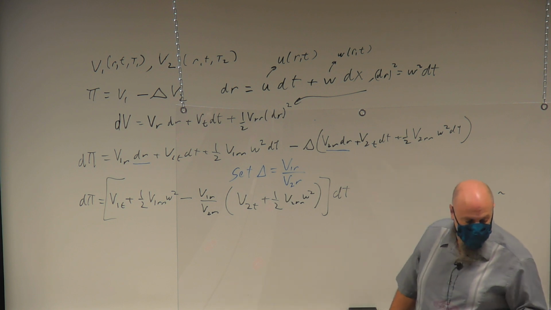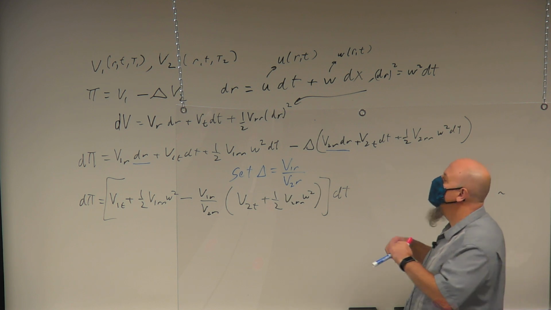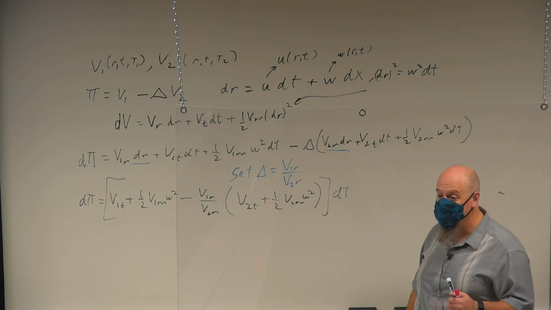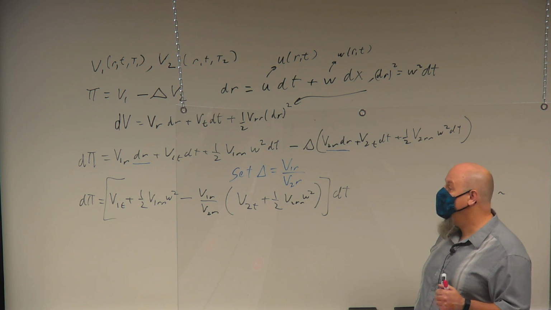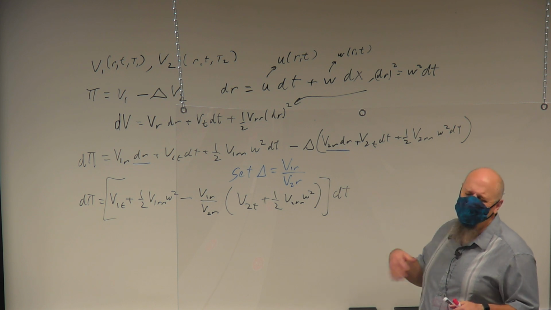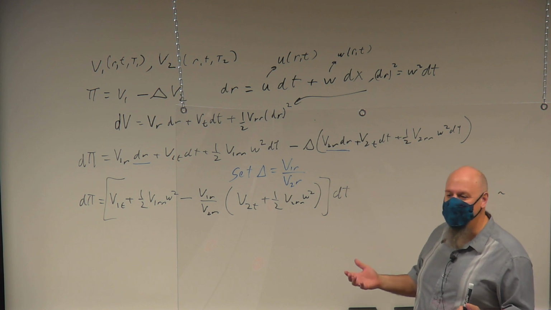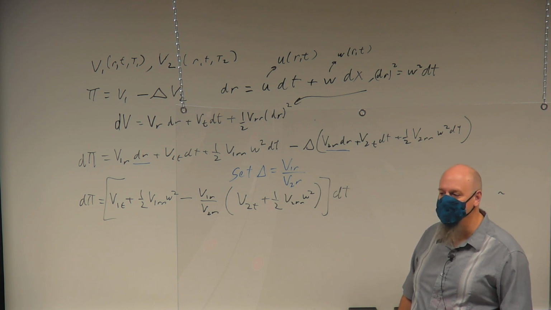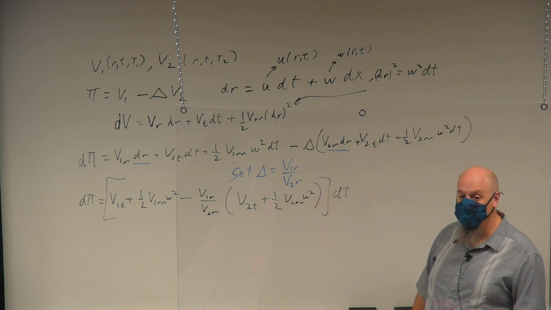If it's deterministic and there is no risk, then I could either buy this portfolio and it grows risk-free, or since we've got our no arbitrage assumption, I could take the same amount of money that V1 minus delta V2 would cost me, and instead of buying one bond and shorting another bond, I could just take that cash and stick it in a risk-free rate of return, and it should grow at the same amount because this is now a risk-free investment.